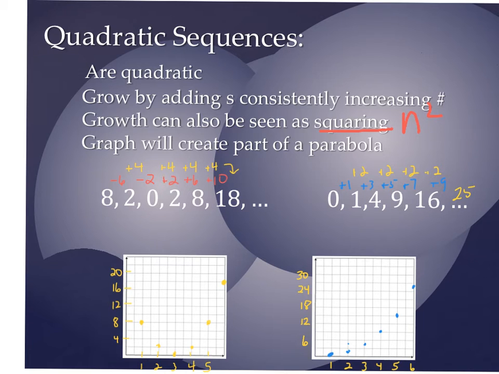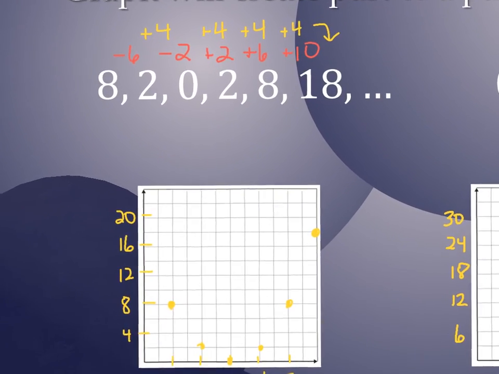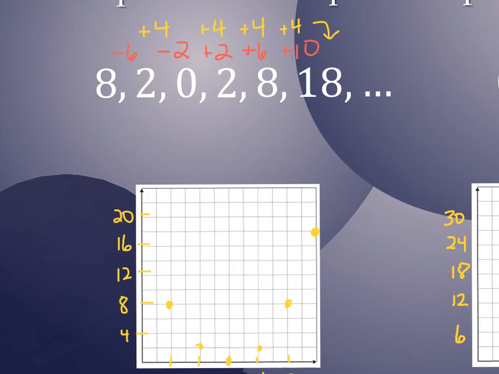You have experience with 2 of these from the work we did. The first one grows by -6 and then -2 and then 2 and then 6, and you'll notice the number you're adding each time is growing by 4. So this next time we would be doing 14 more.